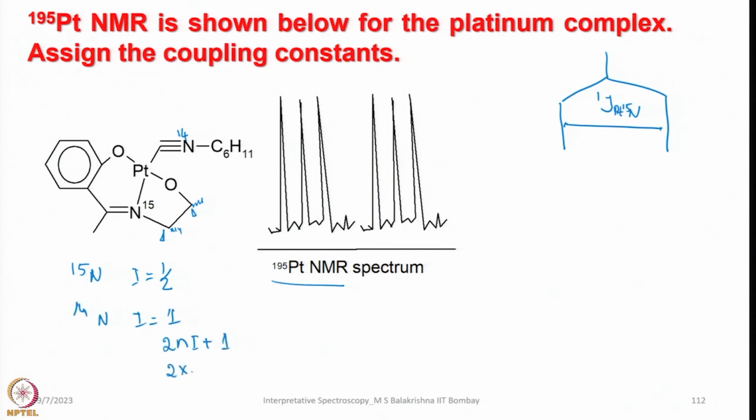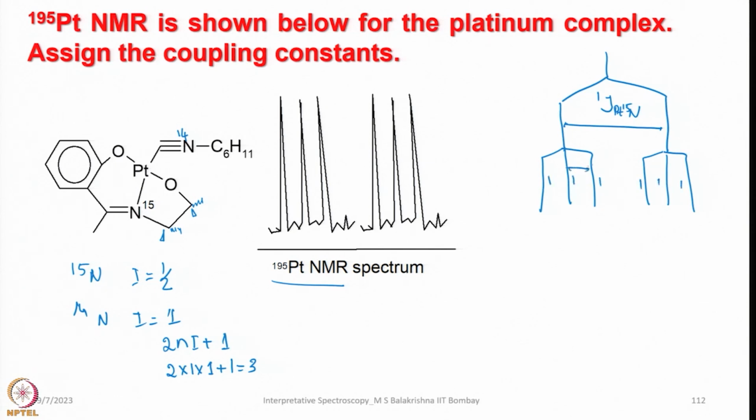Only one 14N nitrogen is there, and its spin is 1, so 2 times 1 plus 1 gives 3 peaks. We have 3 peaks, and when I equals 1 and a triplet is there, intensities are 1:1:1. So in this case it should split something like this. Unlike the splitting with a nucleus with I equals half, where intensity will be 1:2:1, here it is 1:1:1, 1:1:1.